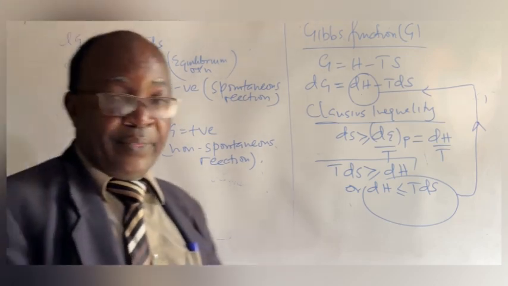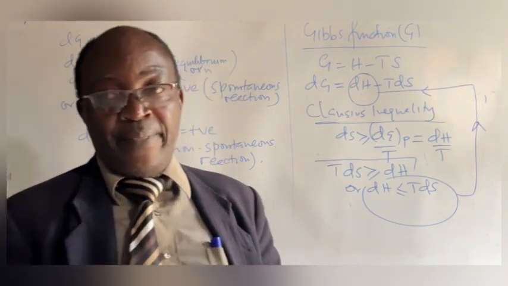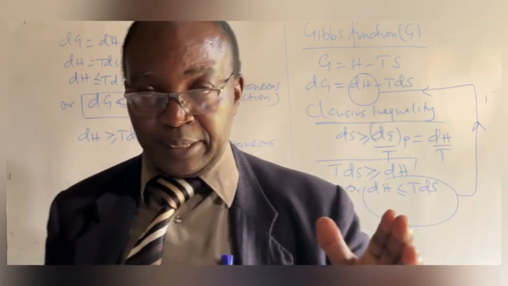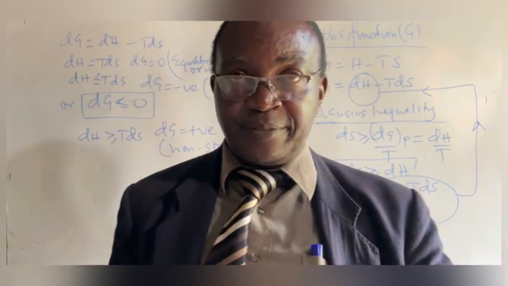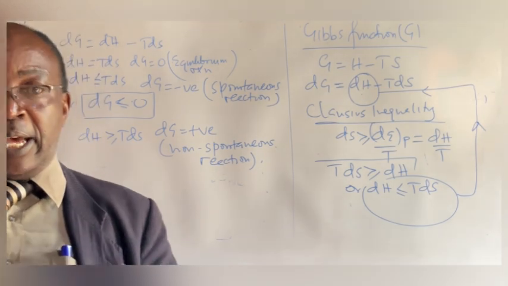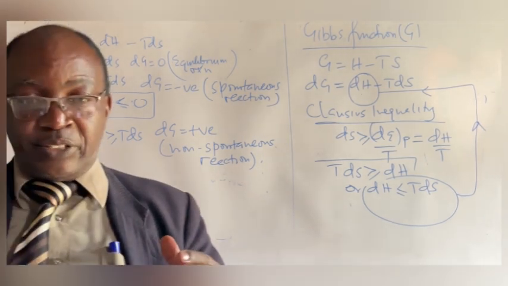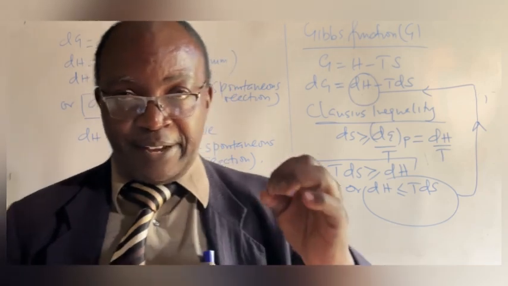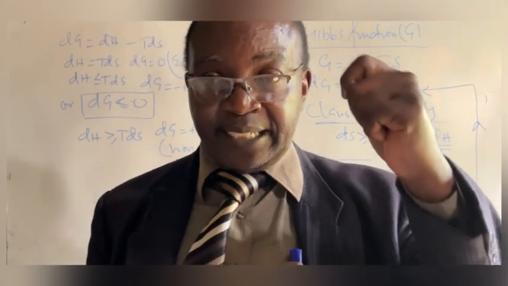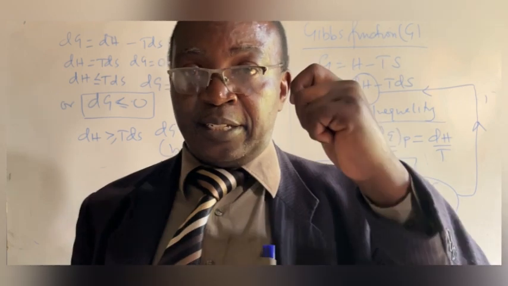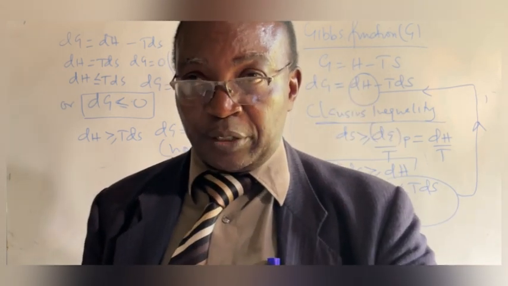So, these are very important state functions: entropy, the Helmholtz function, and the Gibbs free energy, which tell us about spontaneity. They are state functions, and they are exact differentials.